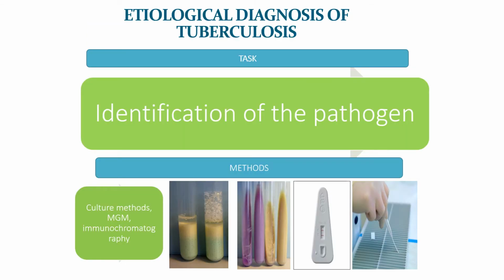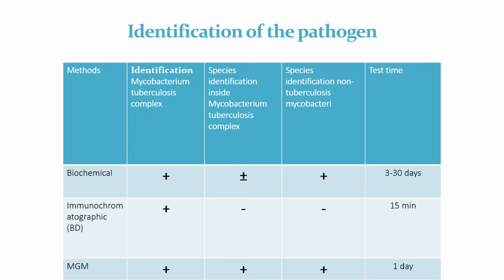Identification of the pathogen by cultural methods, MGM, and immunochromatography. On this slide you can see the table with characteristics of some methods like biochemical, immunochromatographic, and MGM. For biochemical methods, identification of Mycobacterium tuberculosis complex, yes.